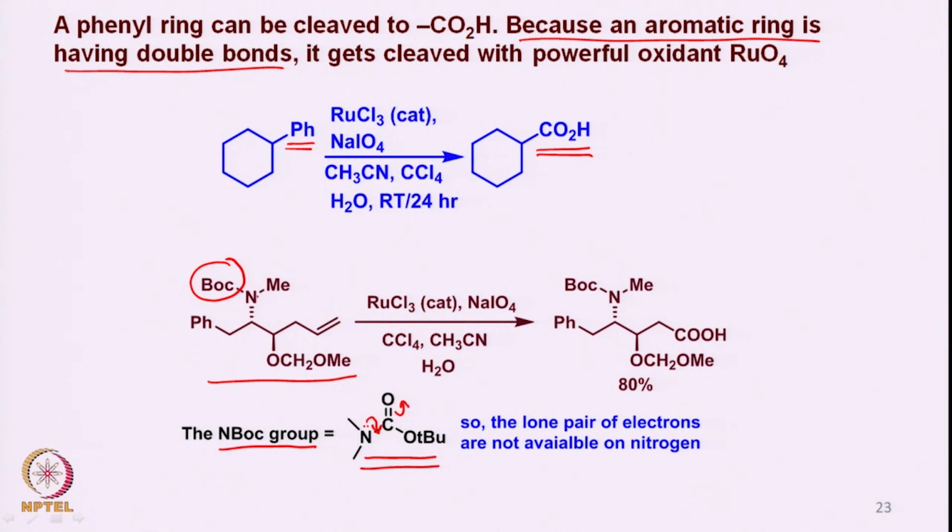Therefore, the lone pair of electrons here is not available for the oxidant to give any problem, and therefore a substrate of this kind can be cleaved to the corresponding acid without any problem if one protects the nitrogen here as an N-Boc protection. So, the conversion of such substrates to the acid can also occur readily using the ruthenium tetroxide formed in situ by ruthenium trichloride and sodium metaperiodate.